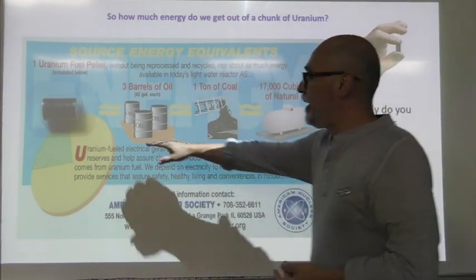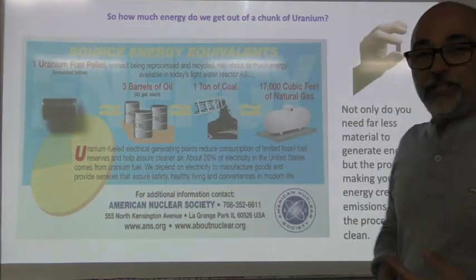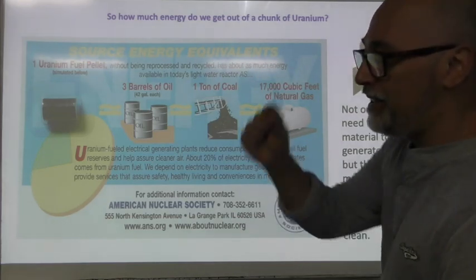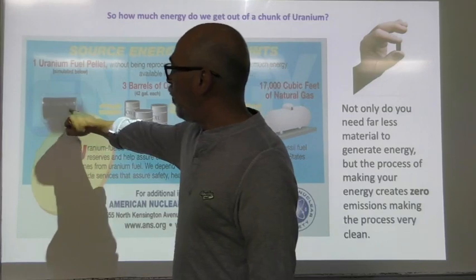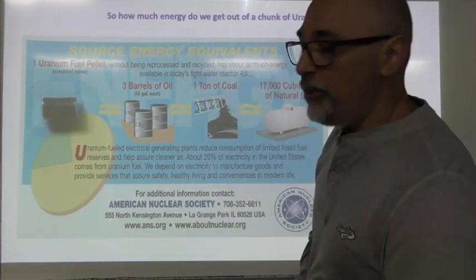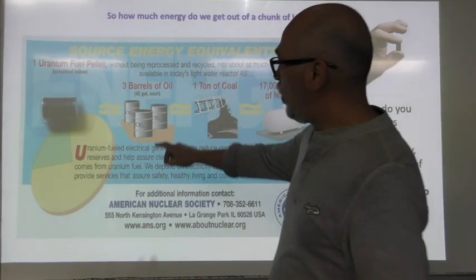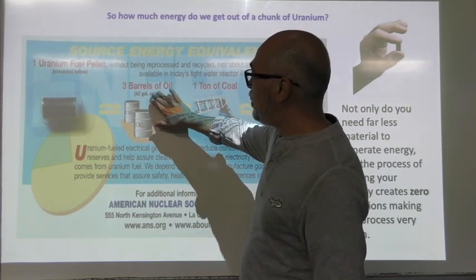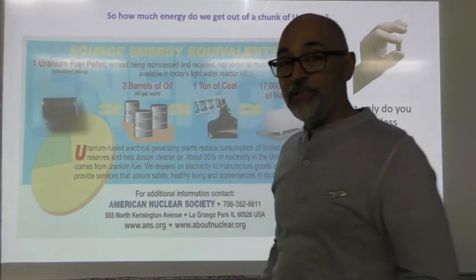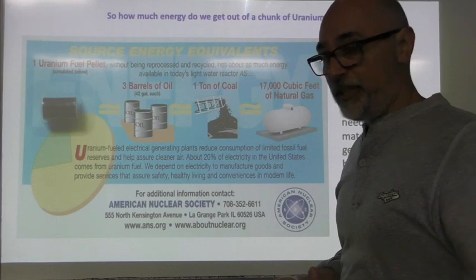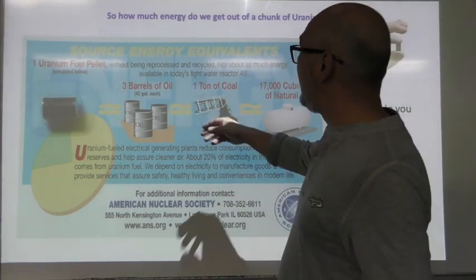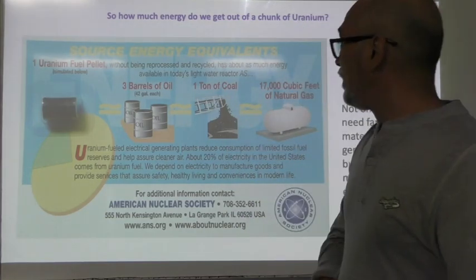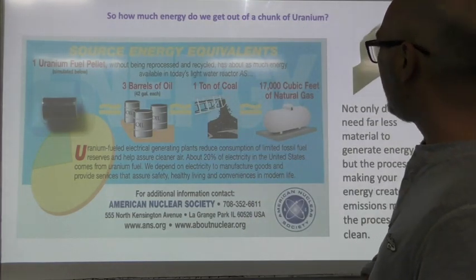Here we have a graphic that tells you how much energy these little pellets are worth. One little uranium pellet is worth about three 42-gallon barrels of oil. That's the same amount of energy that you get out of 1,000 kilos of coal. So a ton of coal.